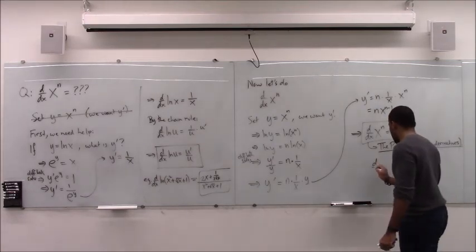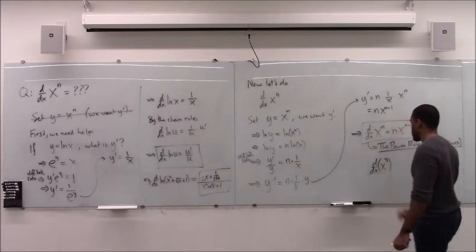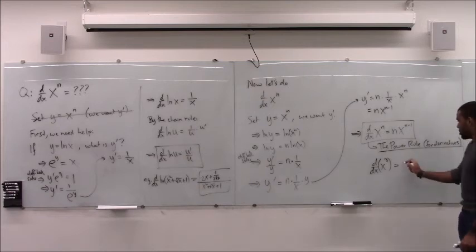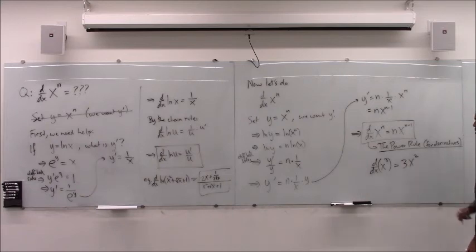So to go back to the original problem, if I had to differentiate x cubed, what is that going to be? 3x squared, right? I take the power, move it down in front, subtract 1 from the power.